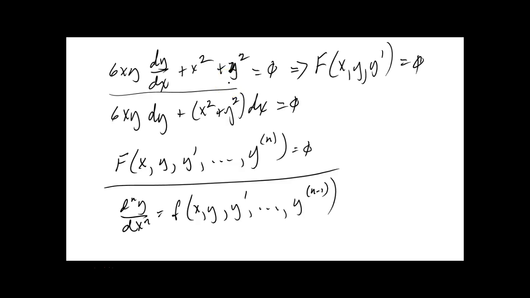So square the x, square the y, and multiply the y prime by 6xy. Now, what would that give you if you wrote it in this form? Here your maximum derivative of y is just the y prime. So that would be dy dx is equal to minus x squared minus y squared divided by 6xy.